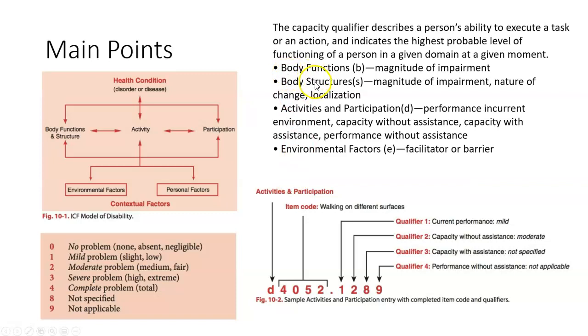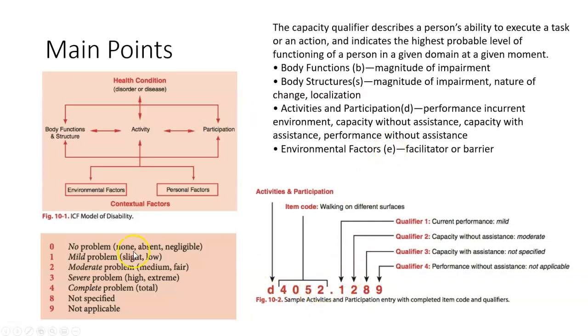You can identify what type of code it is by the first letter: a body function code is a B, a body structure code is S, an activity or participation is D, and an environmental factor is E, and then you would have a specific code.